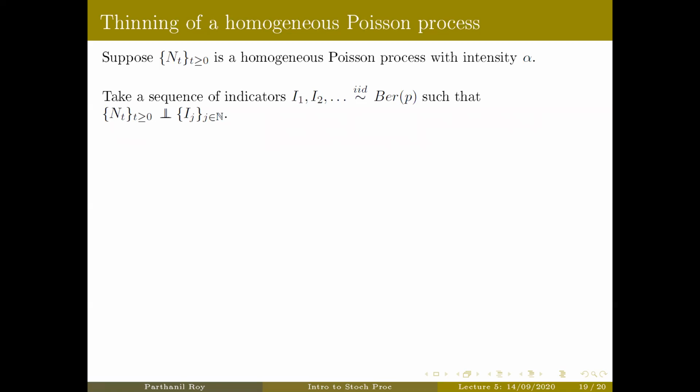Again, whenever I say this, this just means that if you take finitely many of these N(t)s and form a random vector out of them, that random vector is going to be independent of I1, I2 up to IK for every K in N. So you take finitely many from here and finitely many from here, and those two random vectors are going to be independent.